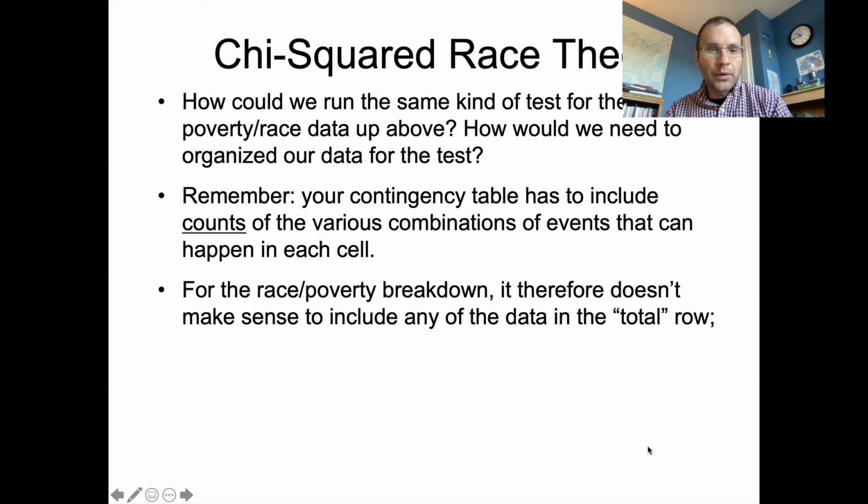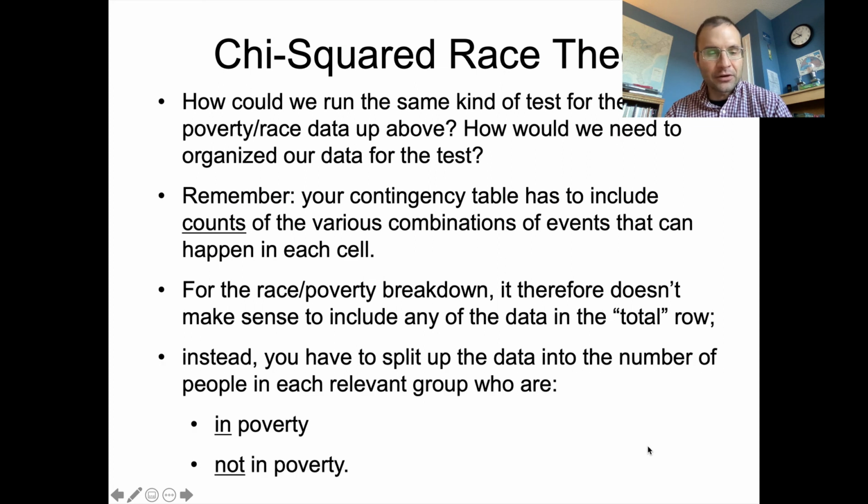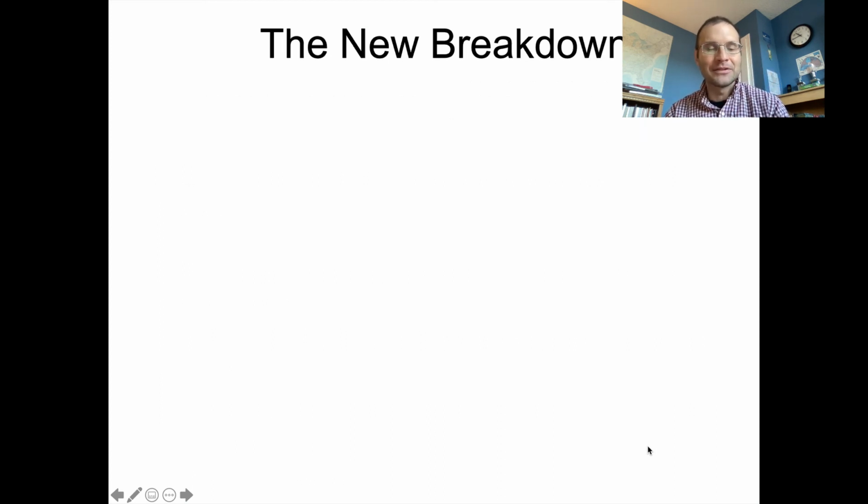So for the race poverty breakdown, it doesn't make sense to include the data in the total row. Instead, you have to split up the data into the number of people in each of the groups who are either in poverty or not in poverty, which you can think of like, well, this is a person with blue eyes. Do they have fair hair or dark hair, right? Not do they have fair hair or are they one of the members of the group? That doesn't help in the same way.